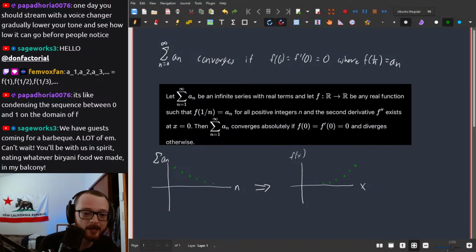Oh, yeah, true. I guess this would be compressed between 0 and 1. Actually, wait, I can be lazy. 1. There we go. Much simpler.